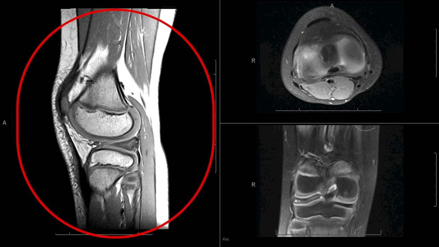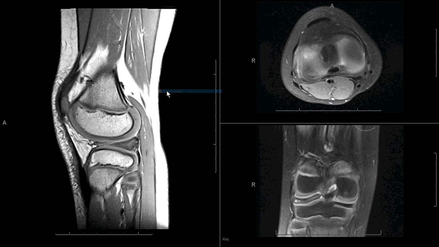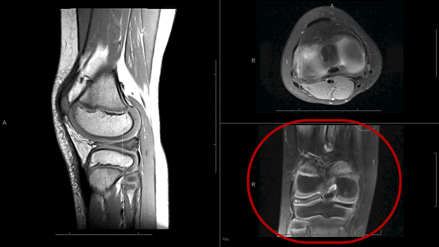See here that this form of discoid meniscus has a very large posterior horn and a very small anterior horn. If we look at the corresponding image here, in coronal, we see that here's that large thickened horn, and it has uniformly high signal intensity with some cystic areas here laterally.